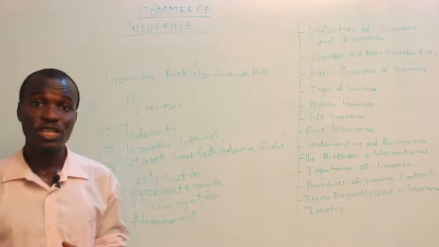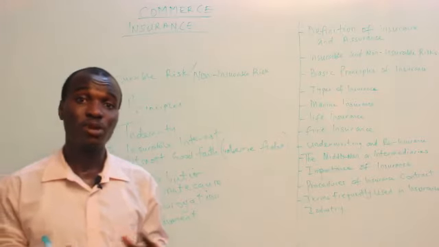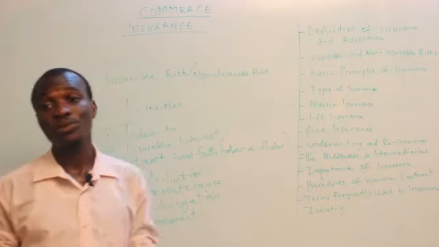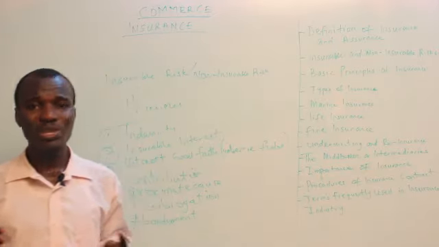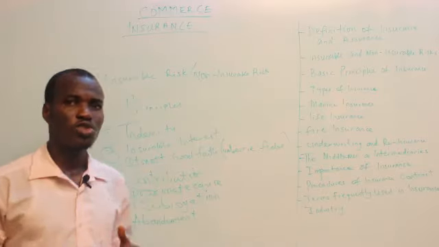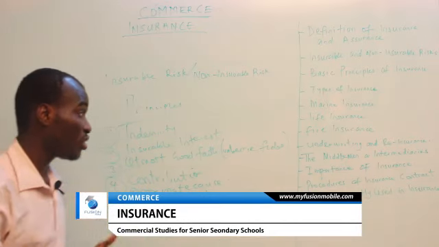That means in insurance you don't have the right to insure the property of your neighbor or the property of your brothers. Any property you are to insure must be able to bring losses to you directly and not to any other person. That is what insurable interest is saying.